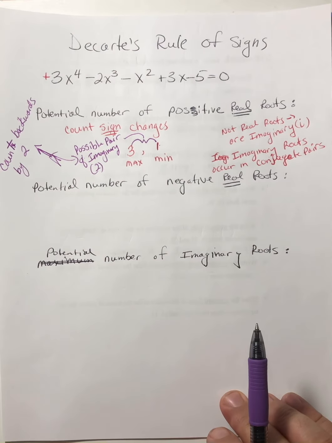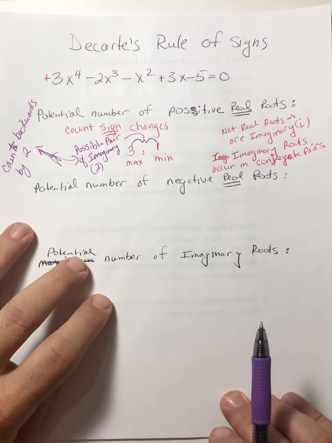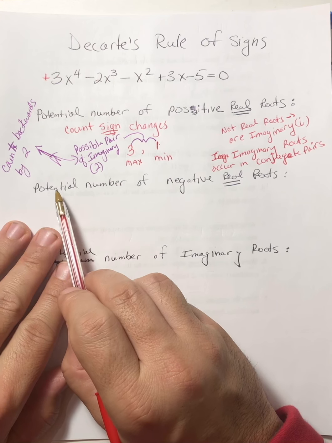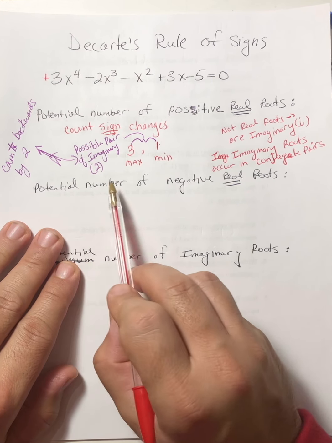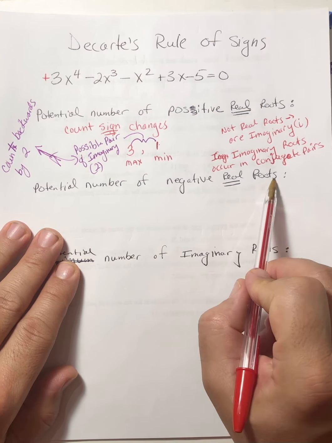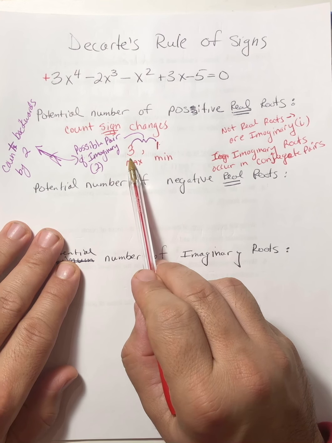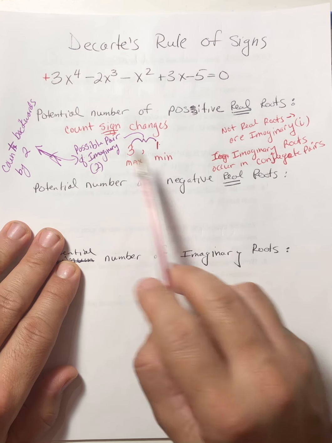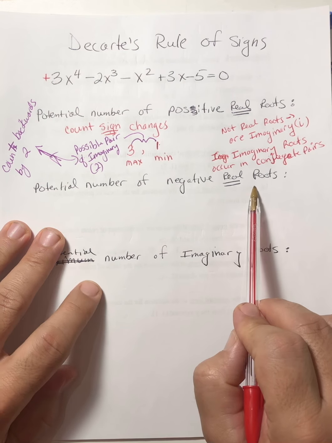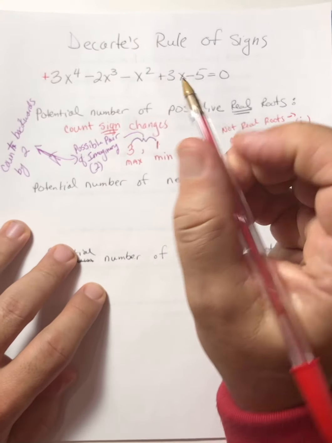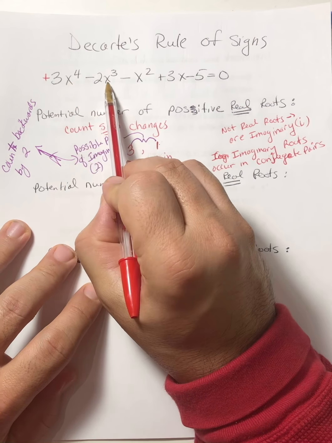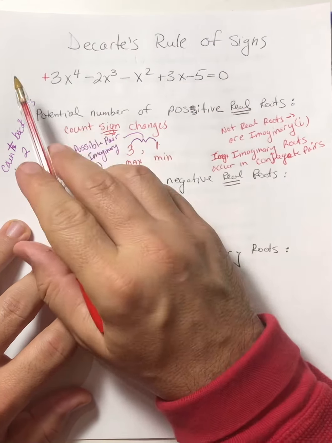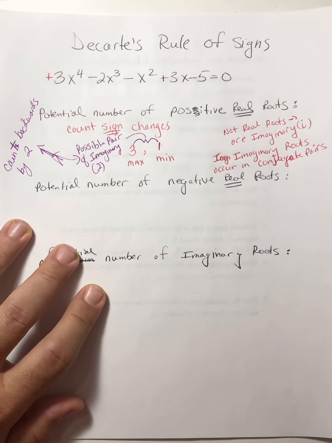All right, now he also goes on to say the potential number of negative real roots. Remember, if they're not positive, it doesn't mean they have to be negative. They could be imaginary. So what he says is all we have to do is swap out all the x's with a negative x. That's when we reflect over the y-axis, and we can do the counting again.